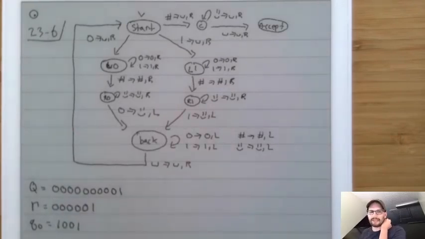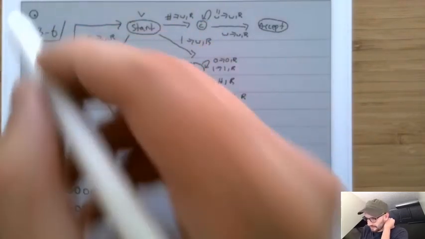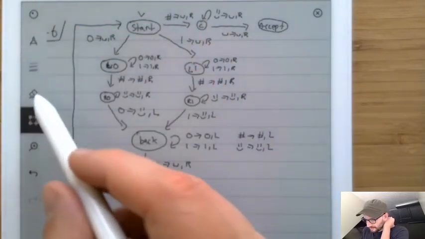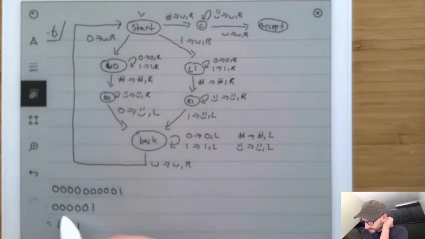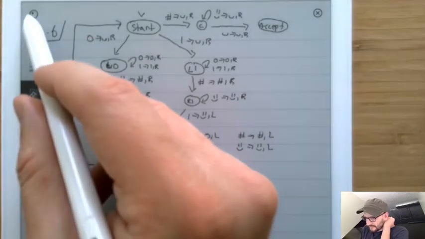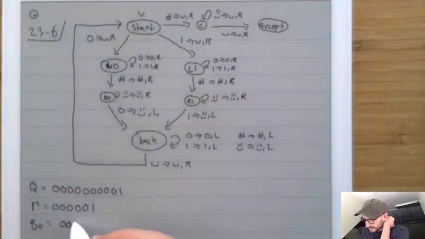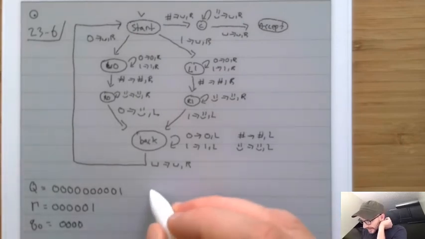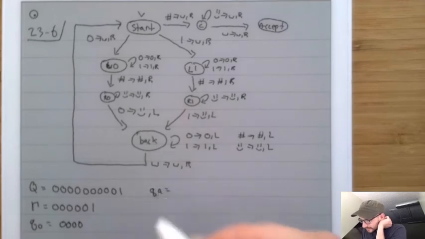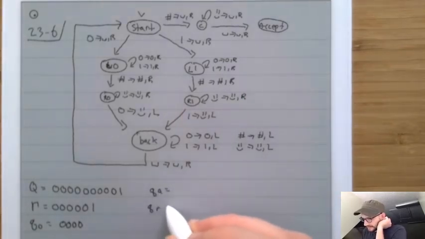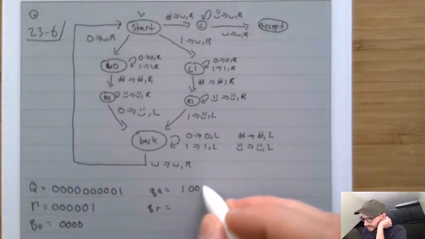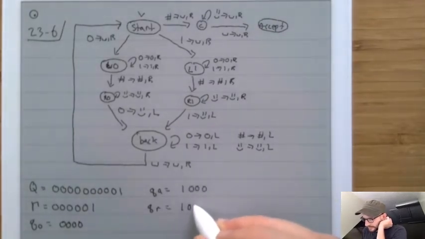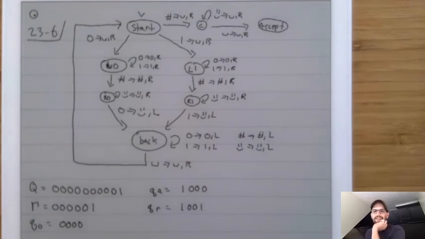So I think that's 9. Sorry. We're just going to have the first thing, so we just need to say it's the first one. So 0, 0, 0, 0. Okay, that's Q0. Then QA, let's just make it so QA is the last thing. So let's make it so that that's 8. So 8 would be 1, 0, 0, 0, and reject would be 1, 0, 0, 1. So that's the 9th thing. Okay.